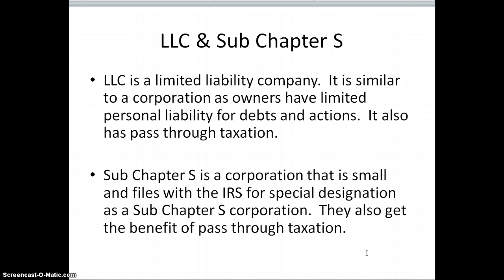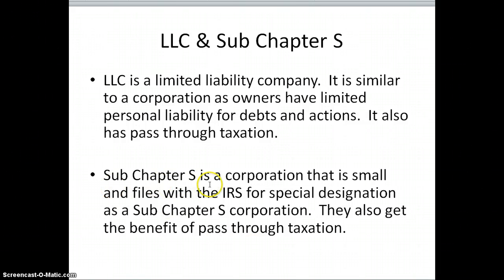We'll have two more corporation types that we're going to talk about. An LLC is a limited liability company. It's similar to a corporation as the owners have limited personal liability for debts and actions. It also has pass-through taxation. The pass-through taxation is like a partnership, and that makes it better. They don't have the double taxation.